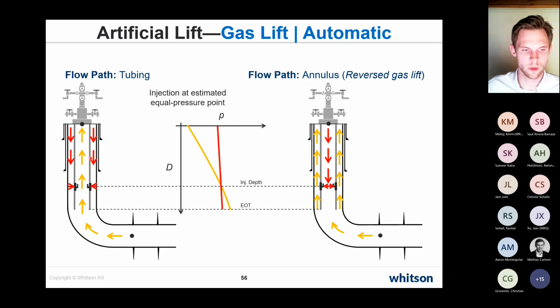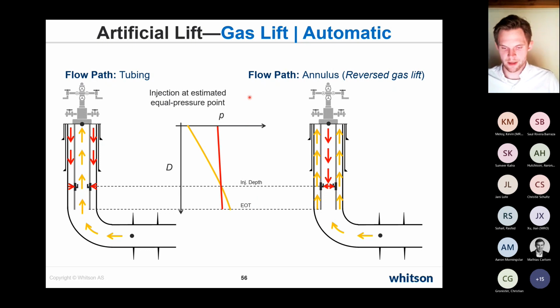If they intersect somewhere along the tubing section of the well, then we inject the gas at the depth at which these two lines intersect. If for some reason, because of bad data or whatever, the correlations are inaccurate and we cannot find any intersection, so that this red line is always greater than the orange line, then we inject everything at the end of the tubing. So poor boy, that's always the limit.